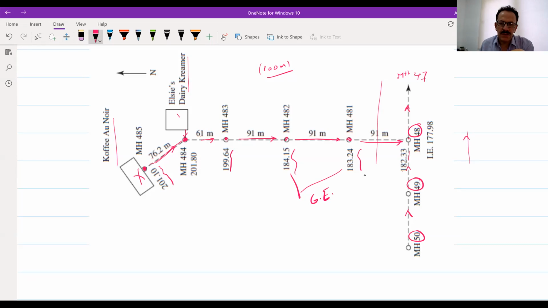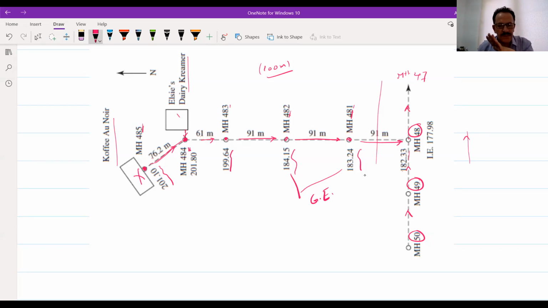So this is manhole number 48-1, manhole number 48-2. It means that it relates to 48, and it will be number 1 after manhole 48, and number 2, and number 3, and number 4 here, and there will be number 5.